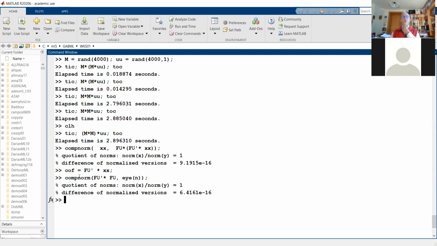You pair rows with columns, and the ones which are appearing as rows are conjugates. So really, you're taking scalar products in this way. So this is simply the Gram matrix, of FU prime and FU. And what we have seen here is that the Gram matrix of a system of column vectors is the identity matrix.